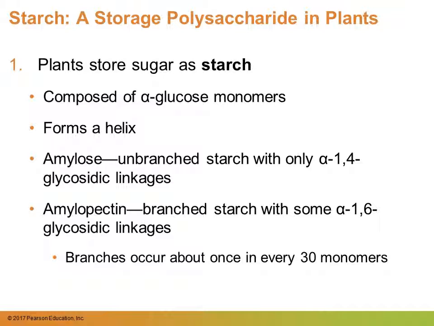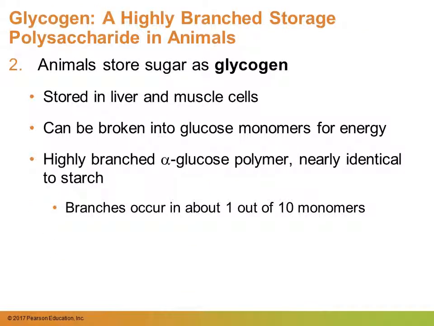You can also have alpha 1,6 glycosidic linkages, so that you know that the second monosaccharide is linked at the C6 carbon. It says here branches may occur every 30 monomers. So notice starch isn't very branched. It's almost just a long chain of glucose.